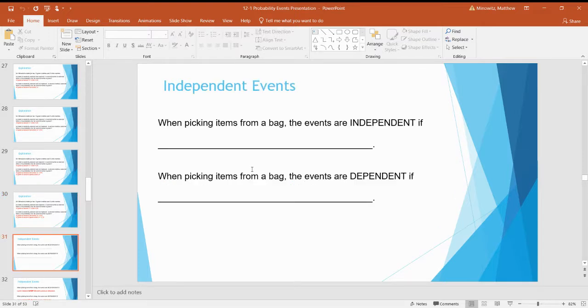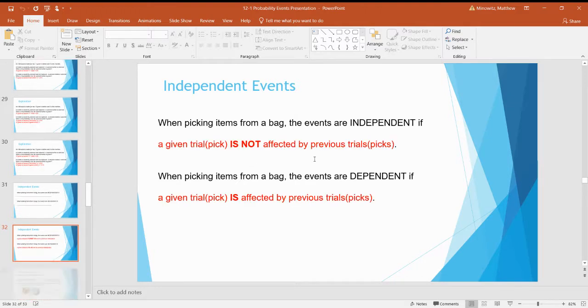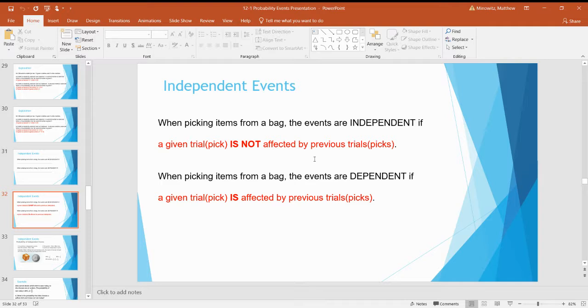And the definition of independent events: events are independent if a trial is not affected by what we previously did, and it's dependent if there is an effect. So if the probabilities change based on doing something previous, those two events are dependent.